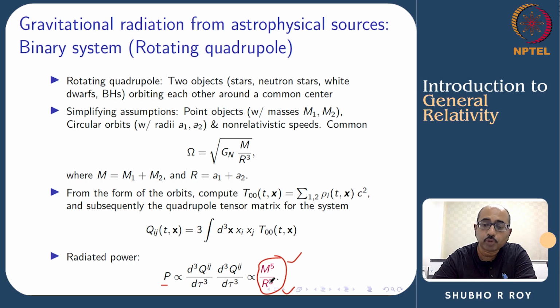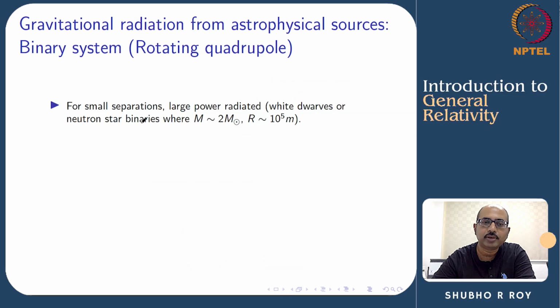But the important physical thing is that it is proportional to the fifth power of the mass and inversely proportional to the fifth power of the separation. Clearly, because it's the fifth power of the separation, unless the separation is very small, the radiated power won't be large.